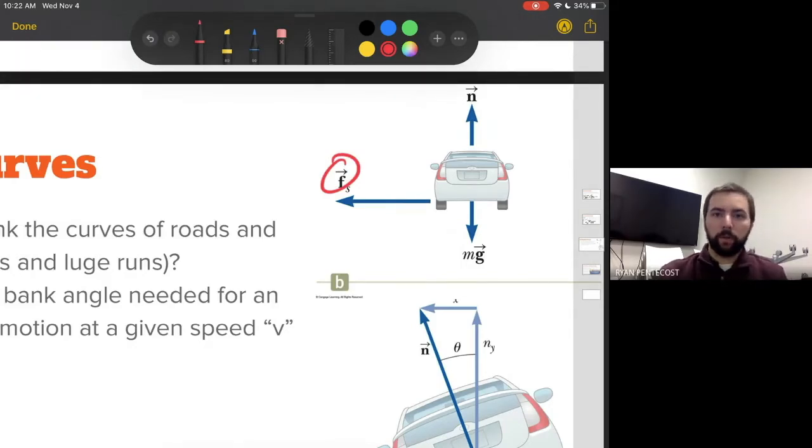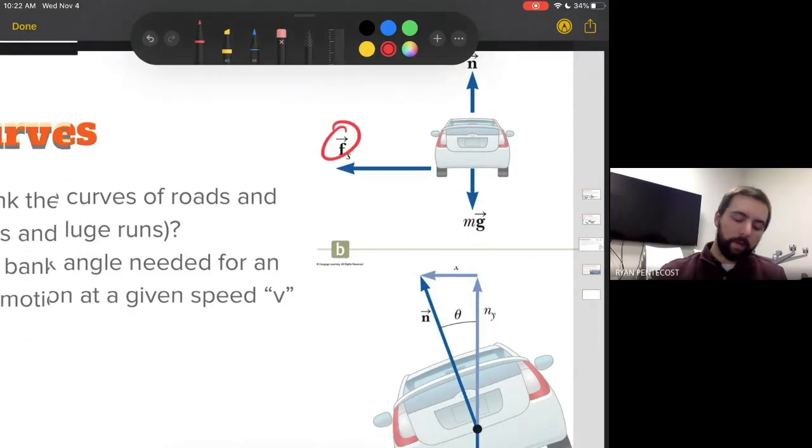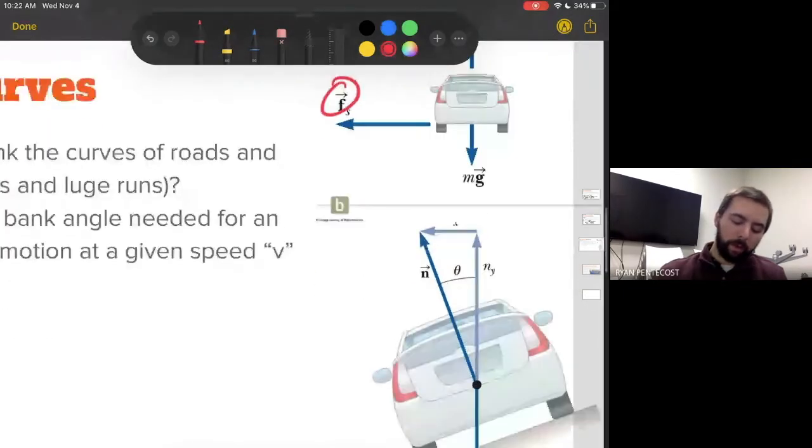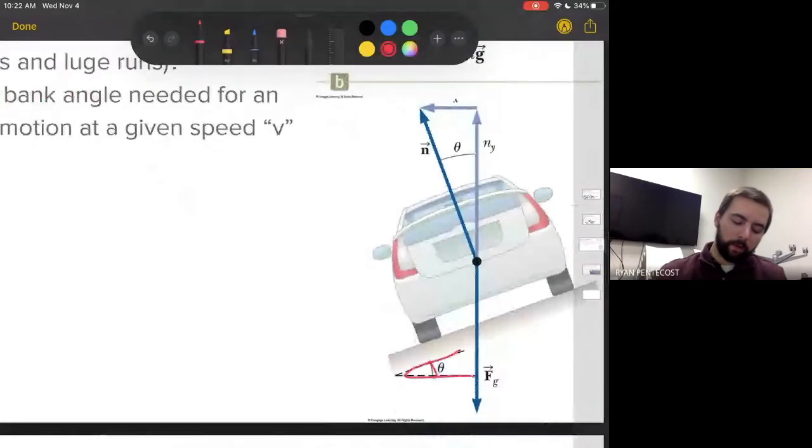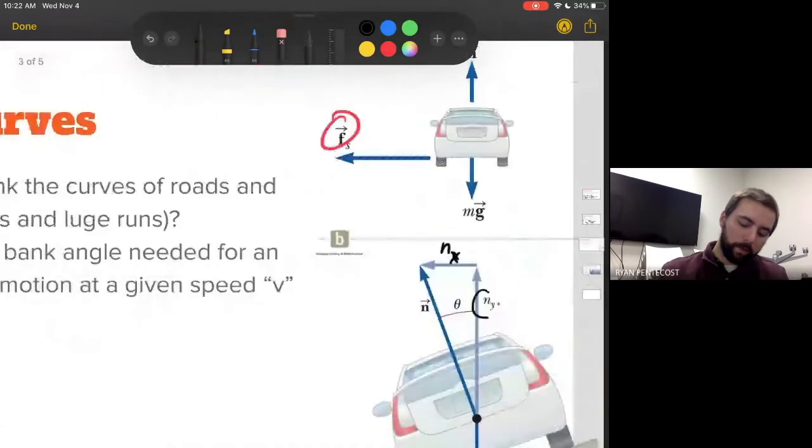As long as you're not drifting around this corner, it's static friction that is causing your tires to roll, causing you to take that turn. Now, if you bank it, we are banked some angle theta down here. We have the force of gravity, but over here, the normal force is all of a sudden at an angle. There is a normal in the x and a normal in the y.